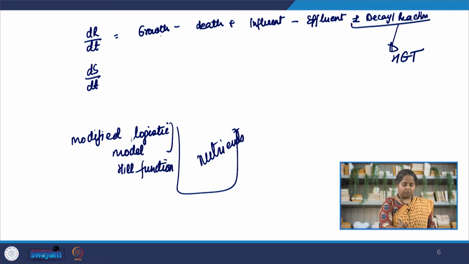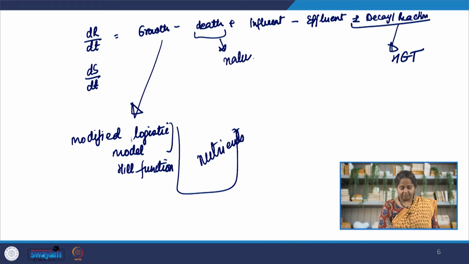So now the growth model for both resistant and sensitive bacteria is here. We have a very simple death model. Death model is going to assume that this is natural death. This is not because of presence of antimicrobials, this is not because of competition or lack of resources, which is included in the modified logistic model that has Hill function in it.